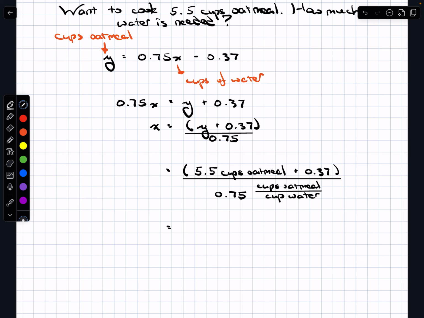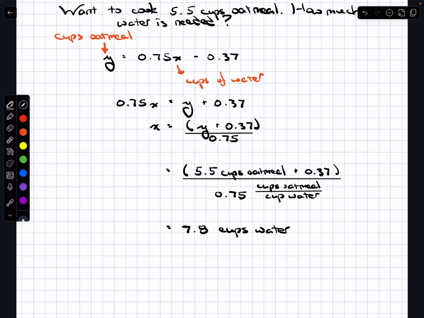So let's go ahead and do that. On my calculator, 5.5 first, plus 0.37. I do that first because it's in parentheses. Then I divide that by 0.75. I get about 7.8 cups of water.